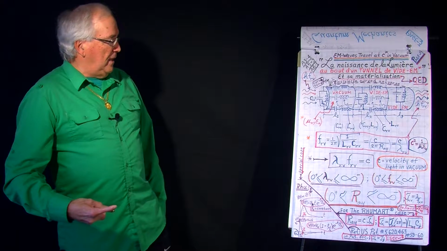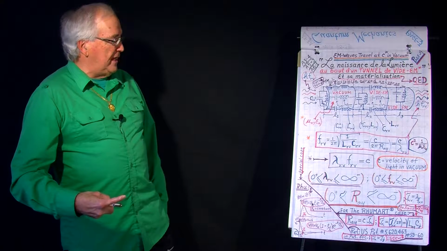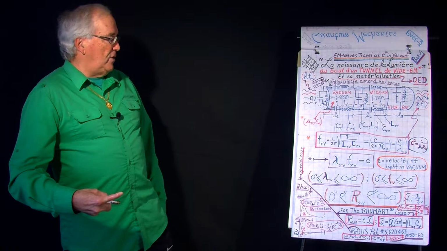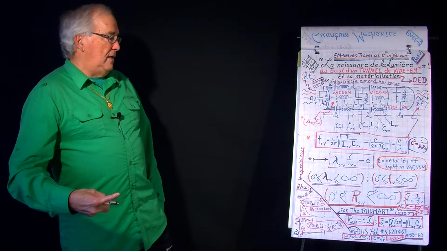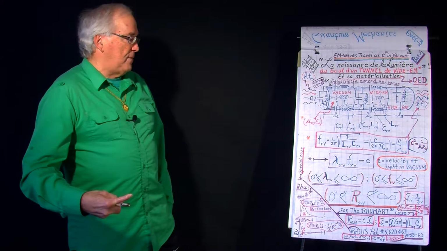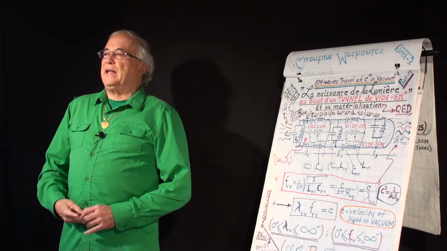And the parameter, which was the radius of the parallel plate condenser I talked about, is related to the Raumart time constant by the speed of light. And this Raumart time constant is defined in the Raumart pattern.